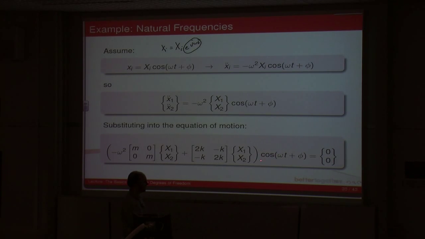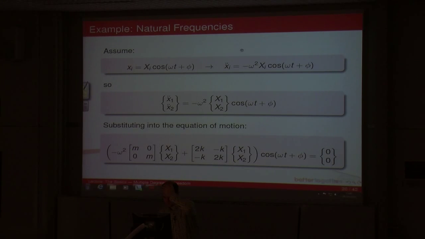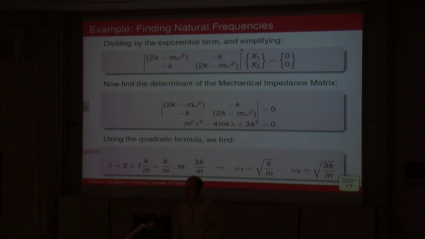And then obviously this can disappear because you can divide both sides by it, and 0 divided by it is still 0. We can rearrange that equation into the mechanical impedance matrix. Okay, so there we've done it, and then we find the determinant of this matrix.